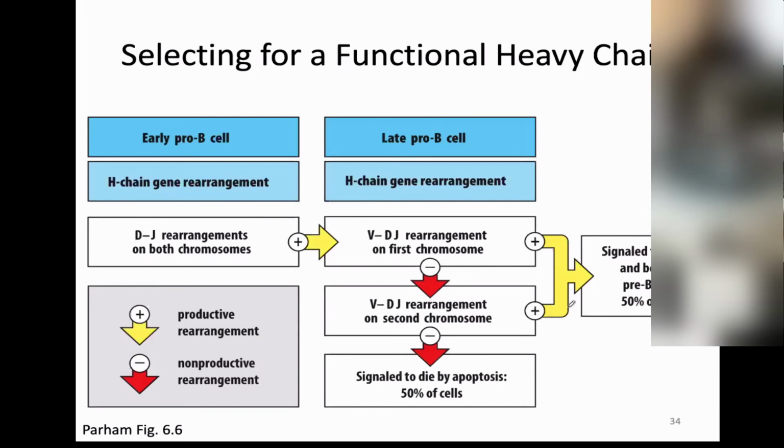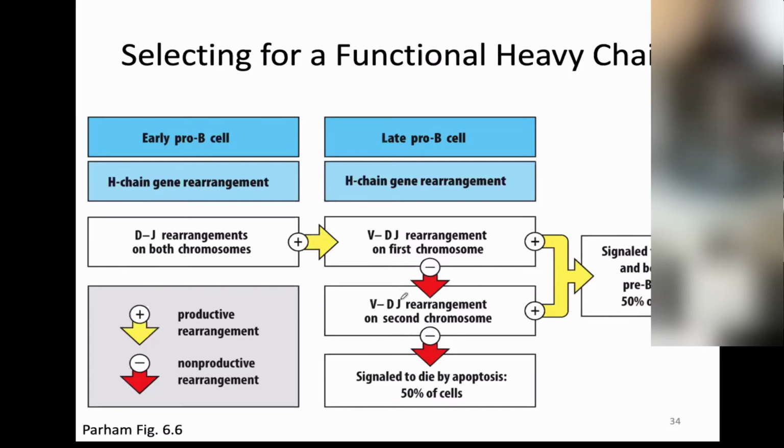It makes a non-functional heavy chain. It makes a heavy chain that doesn't really make a good protein, that doesn't really give a good signal. If that happens, we don't have this signal to stop rearrangement. And so the cell basically gets another try. It gets to finish the second chromosome and try again to make a good receptor.